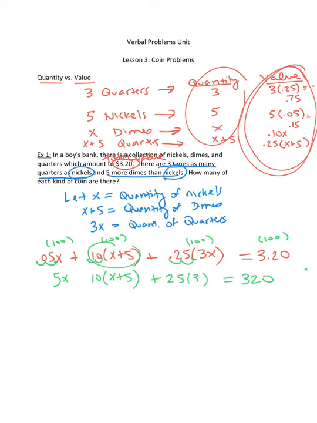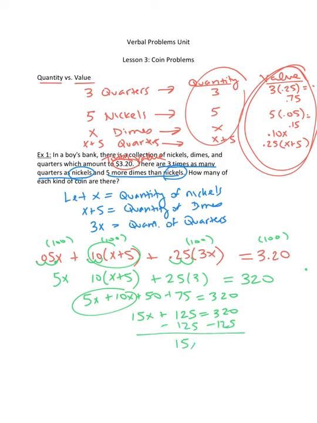Okay, so I'm going to go through solving. I now have 5X plus 10X plus 50 plus 75 equal to 320. I now have 15X plus 125 equal to 320. Subtract 125. 15X equals 195. 195 divided by 15.